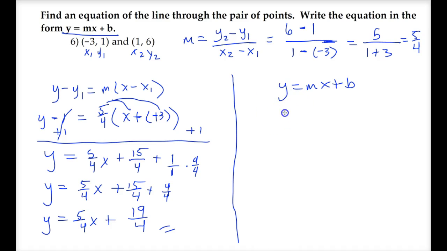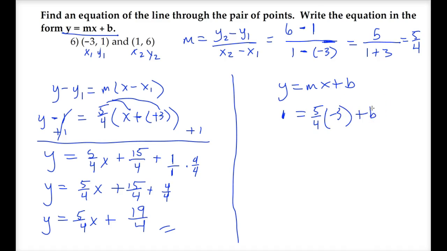So for y, which is the same as y1, that would be 1 there. We know for the slope, that's 5/4. And of course for x, that would be a -3 there. So -3 plus b.